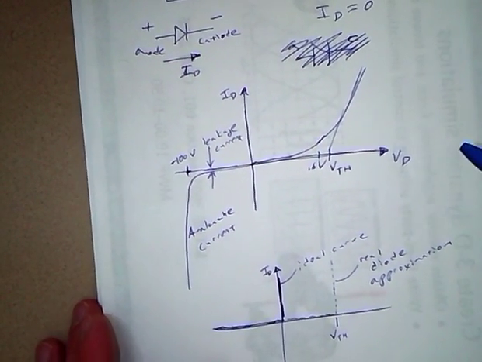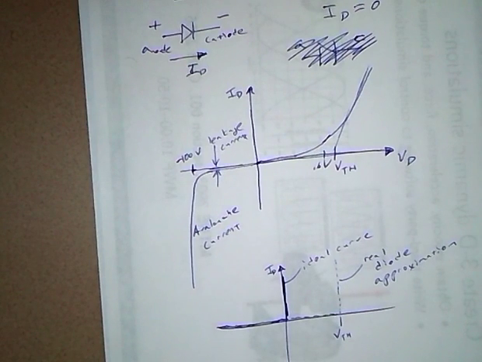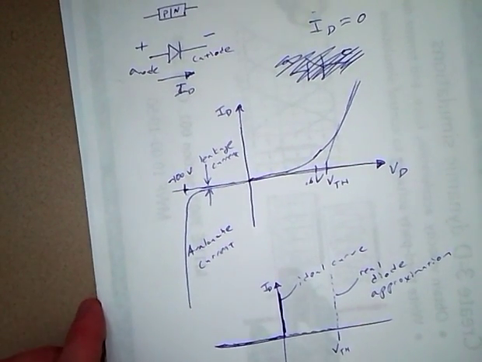This is for a silicon diode. There are other types of diodes. A common one is the Schottky diode, and it has advantages and disadvantages.